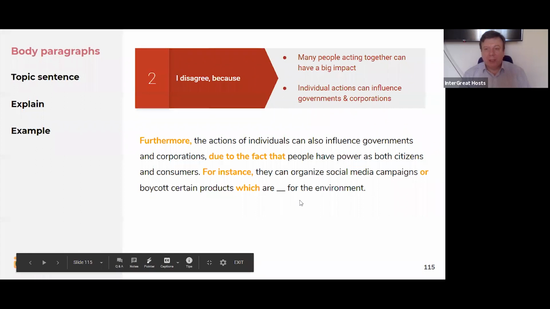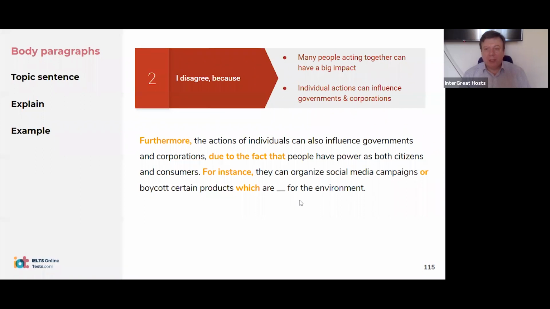Which are something for the environment. So if you boycott products, they are what for the environment?